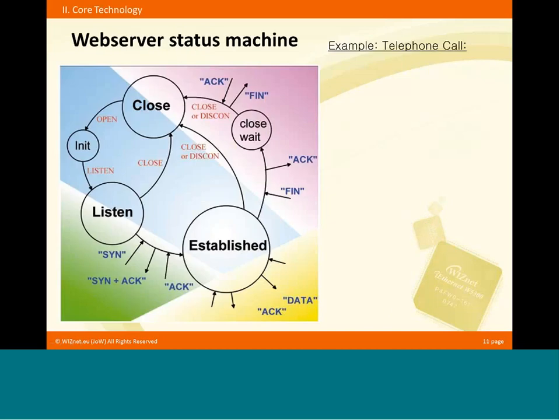In this slide I want to explain more about how web servers or TCP/IP connectivity work. If we talk about a web server, it's like a telephone call or an answering machine. There will be a call to connect to the web server, and then the web server answers, and then there is communication.